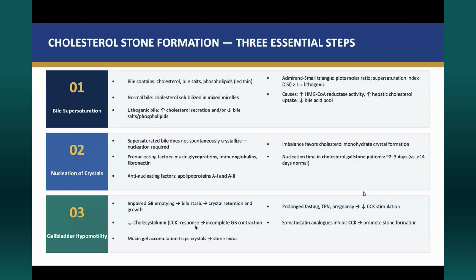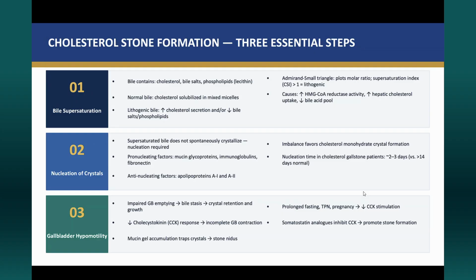This then produces a crystal, a stone, and through time it becomes bigger and bigger, and you have prolonged fasting or a patient with gout. Cholecystokinin stimulation decreases due to pregnancy, TPN or parenteral nutrition, and prolonged fasting. So when you don't eat, the gallbladder does not contract, because food is the stimulus for cholecystokinin to be released and for the gallbladder to contract.